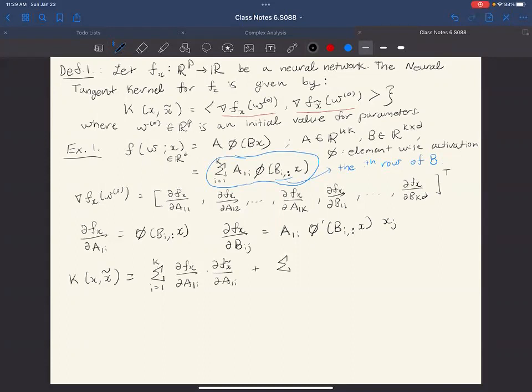And then I have a sum over all of my b parameters. Remember, there's kd of them. So I have to have two sums, one from 1 to k, one from 1 to d. And these are just going to be a1i times a1i, phi prime of bi colon x, phi prime of bi colon x tilde, xj, x tilde j.